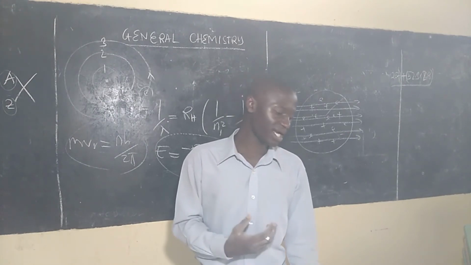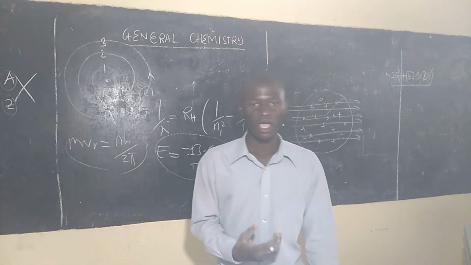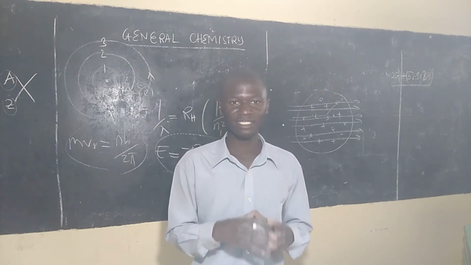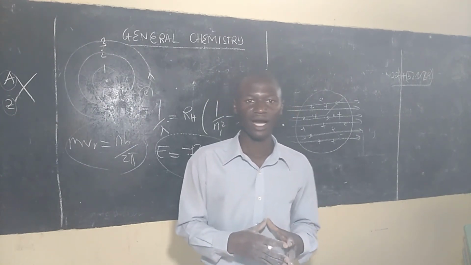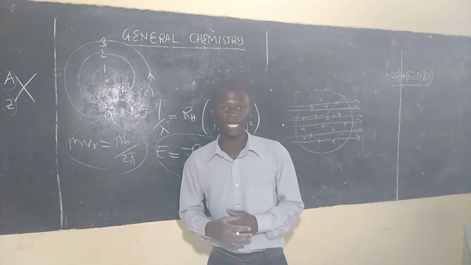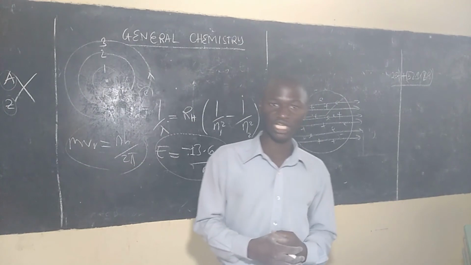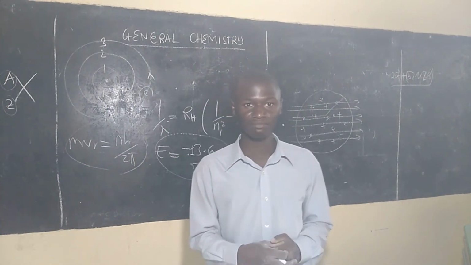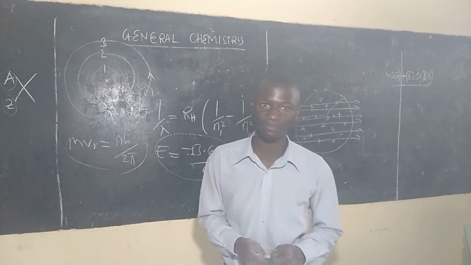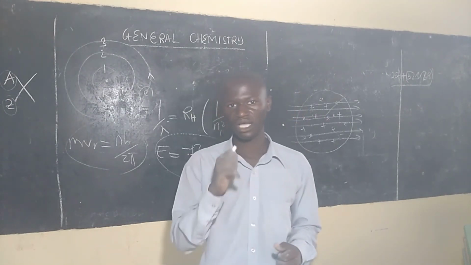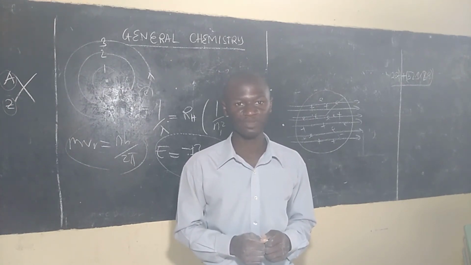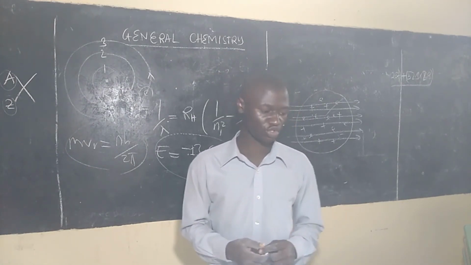Sasa kulingana na Heisenberg uncertainty principle akasema no, it's impossible to determine accurately and simultaneously the position and the momentum of an electron, but momentum comes from velocity. Maana ukishindwa kudetermine velocity utashindwa kudetermine momentum. Sasa maana yake Bohr hapo alikuwa amefeli. Heisenberg uncertainty principle imekuja kusema he was not correct.